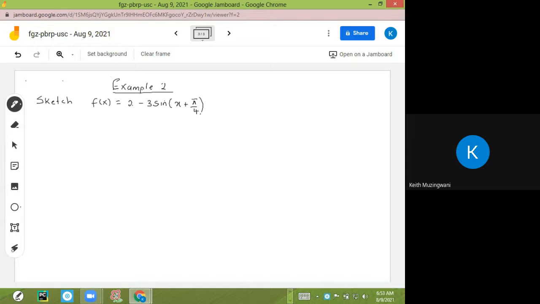Okay, so I've put sine. So I want us to sketch cosec. So we put cosec. So our solution will assume that we are dealing with y is equal to 2 minus 3 sine x plus pi over 4.